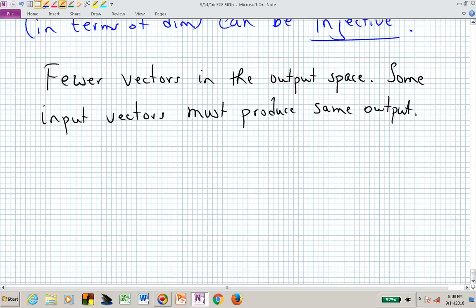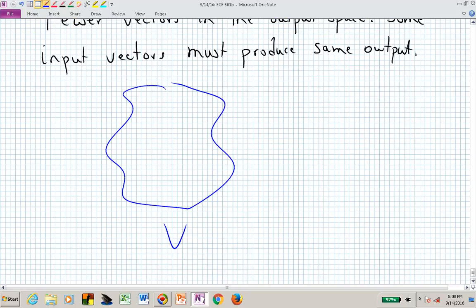And I just want to draw some clouds to try to illustrate this. Here, let's say, is our input vector space V, and we said we're going to a smaller output space, so the cloud is a little bit smaller.